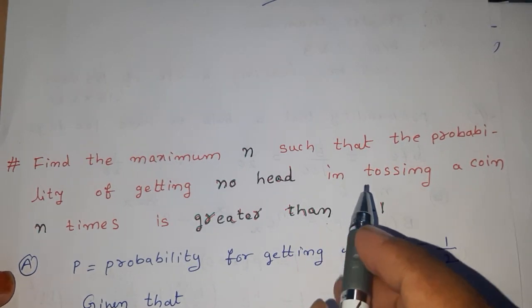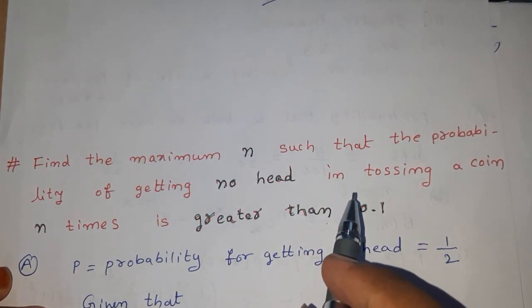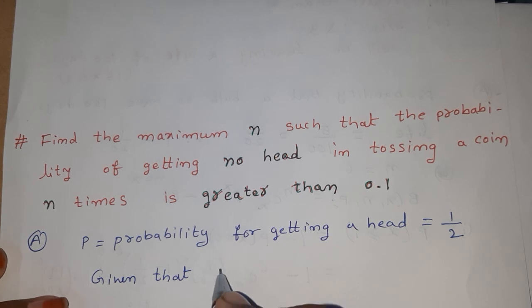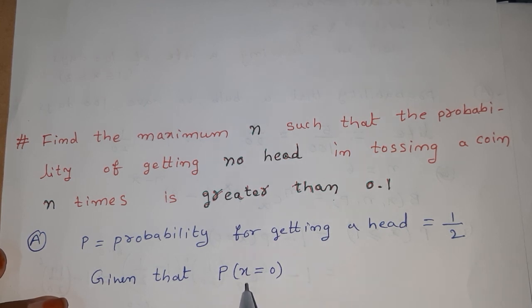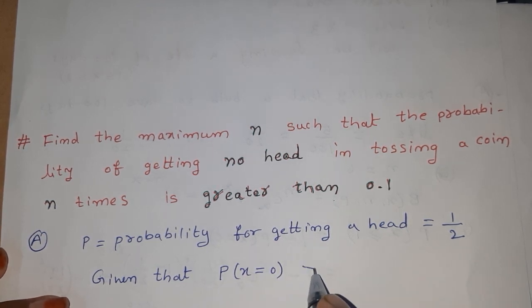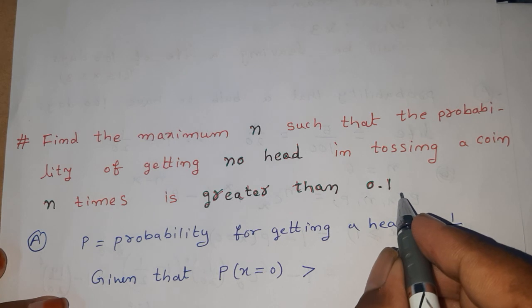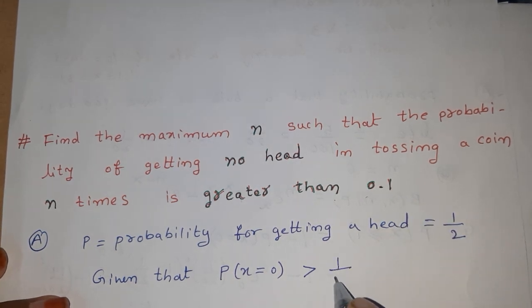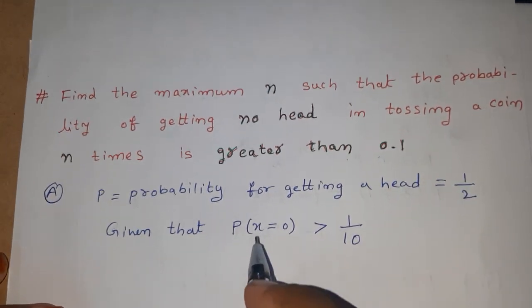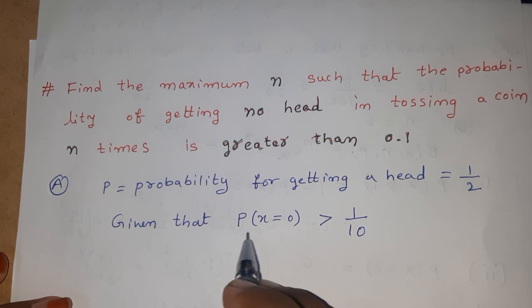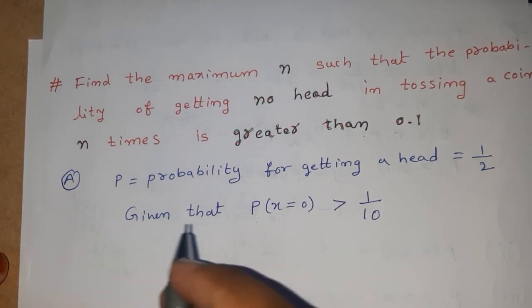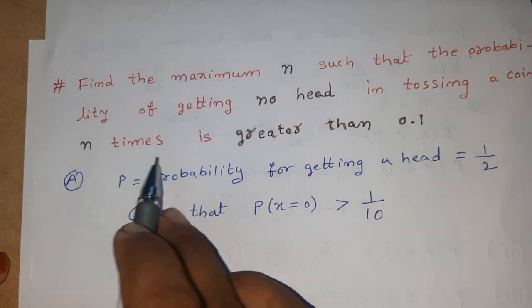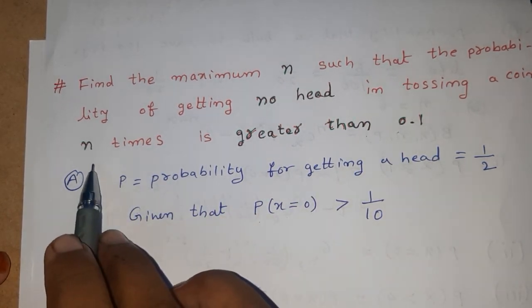Here getting a head is a success, but for no success, that is no head, the probability must be greater than 1 by 10. So P of x equal to 0 is greater than 1 by 10, n times, and we have to find such n.